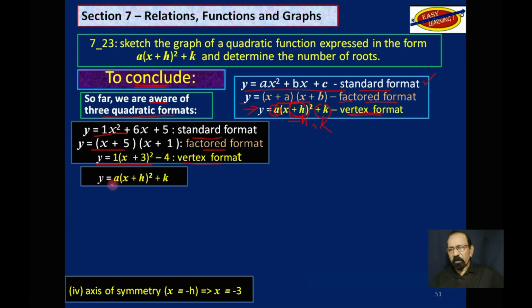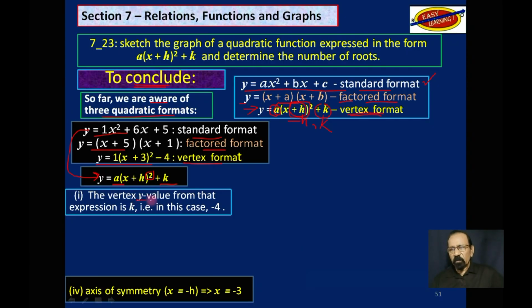This last one here is a times (x plus h) squared plus k. Now it's very difficult to get that standard format into this vertex format. But if you are given the vertex format, it's fairly easy to sketch the graph and to get all the information we were talking about just now.